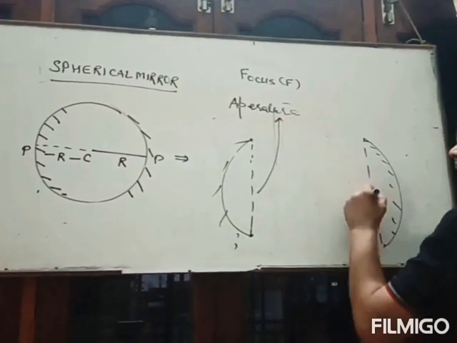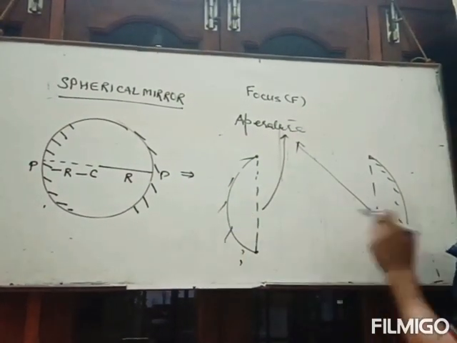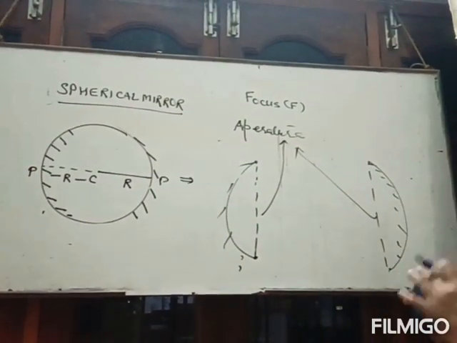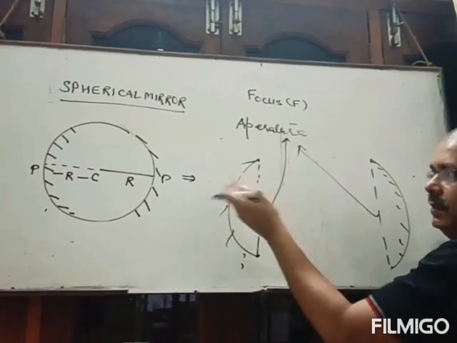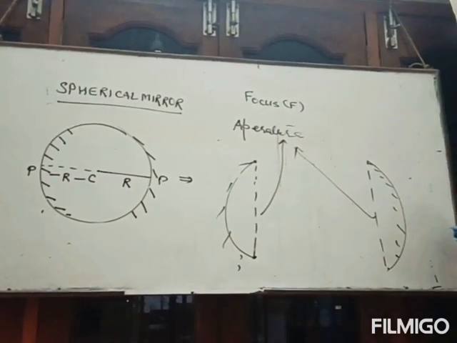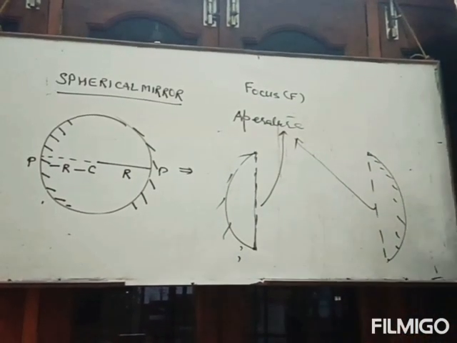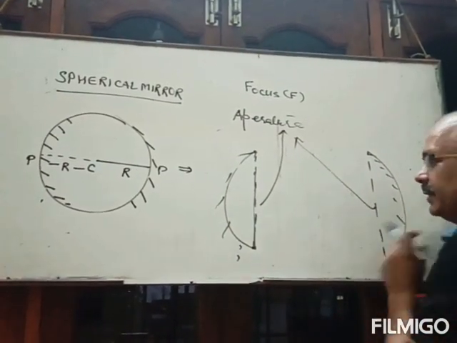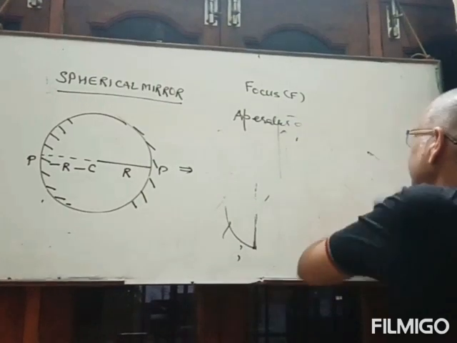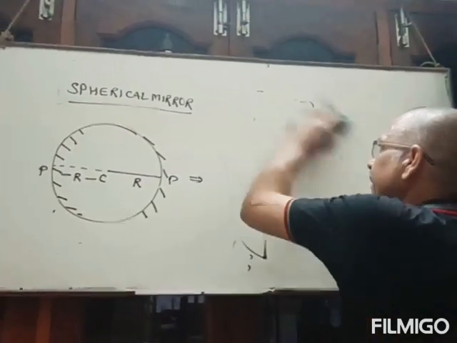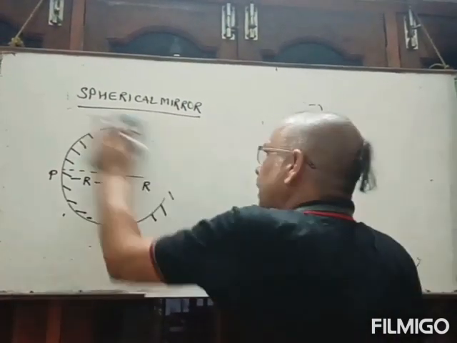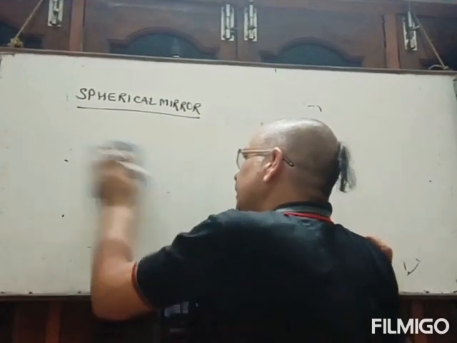These two are the aperture for concave and it is for convex. In other words, since generally spherical mirrors are disc shaped, the diameter of the mirror is also the aperture. Correct? So these are a few terminologies based on spherical mirrors, that is concave and convex.